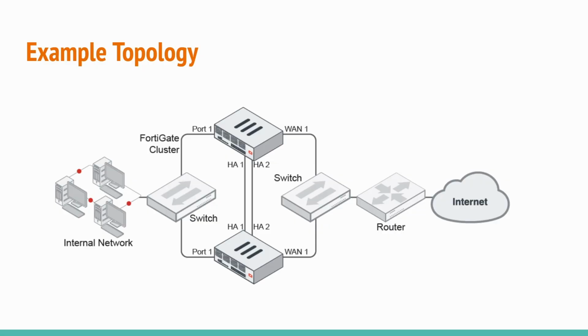Some providers might give you a second link. They might charge you more money for it, so that's an option you can explore with them. The second option, which is very common and what I'm going to do in this demonstration, is to use a WAN breakout switch. Essentially we have a switch that sits between the ISP handoff routers and the firewall, and that's going to allow us to extend the WAN connection to both FortiGates.